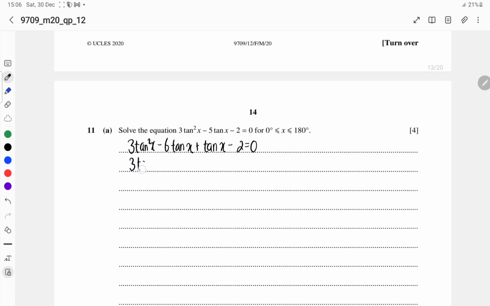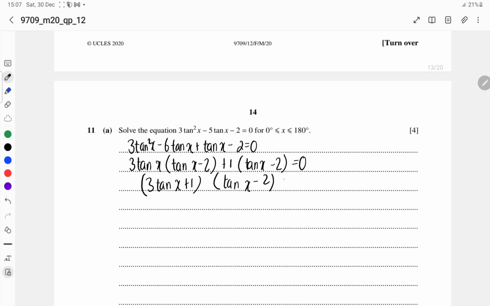So we can take 3 tan x common: 3 tan x (tan x minus 2) plus 1 times (tan x minus 2) equals 0. So (3 tan x plus 1)(tan x minus 2) equals 0, right?